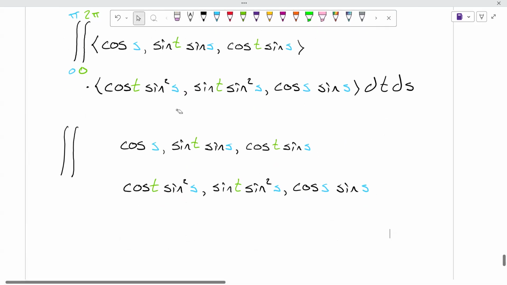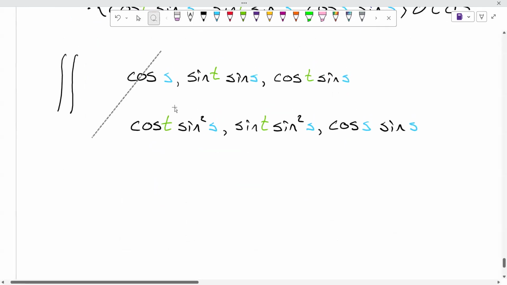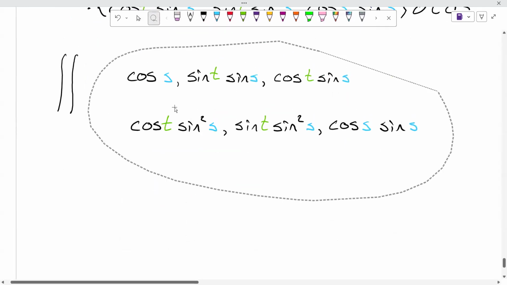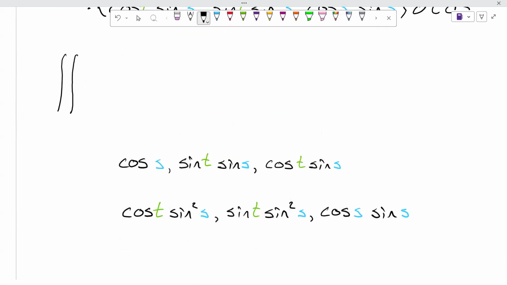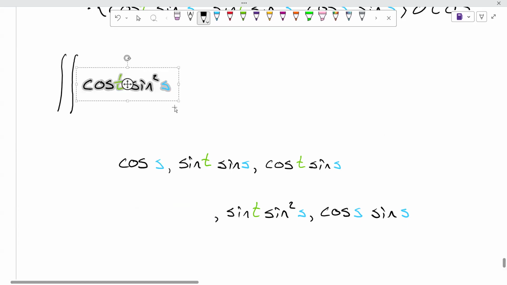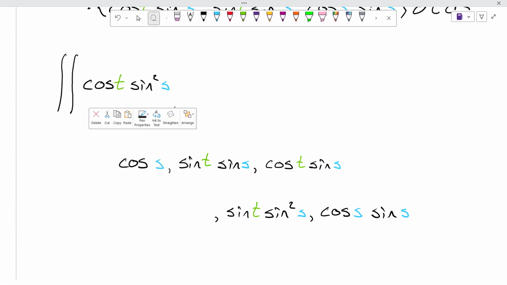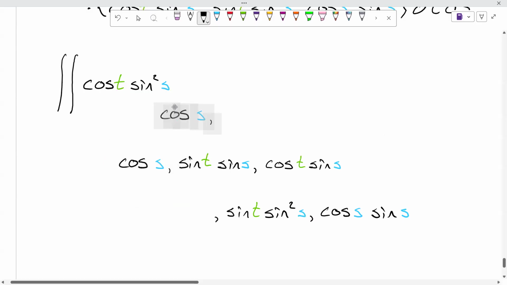Taking this dot product, I have cosine t sine s squared times cosine s. That was my first term. Plus, the second two bits multiplied together.